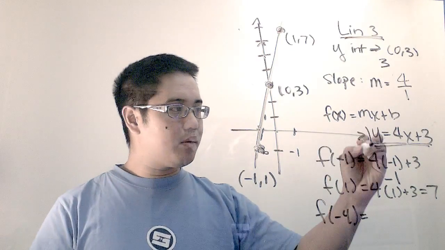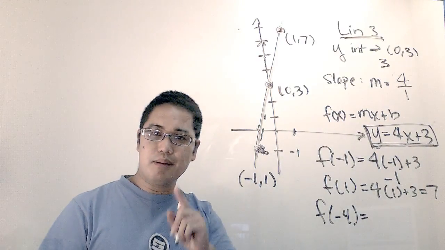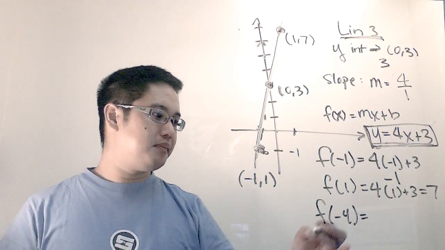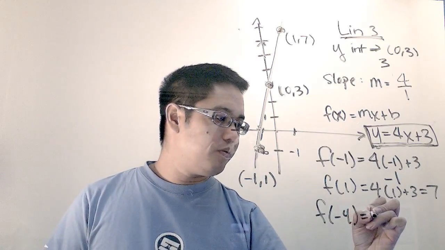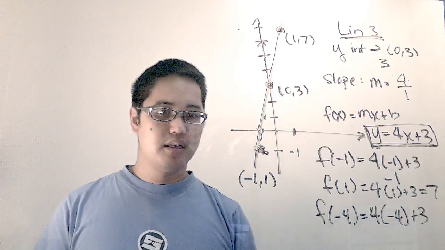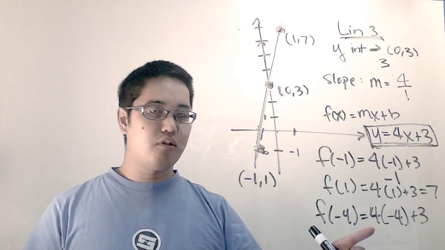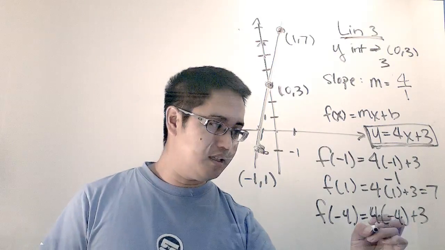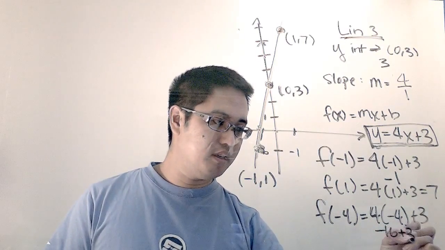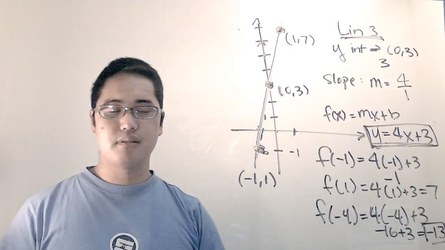But if I have the equation, which is always really nice, I can simply plug in -4 into this thing. So we have 4 times -4 plus 3. All I did was I plugged in -4 for x over here. 4 times -4, that's -16, plus 3, that's -13. That's my answer, -13.